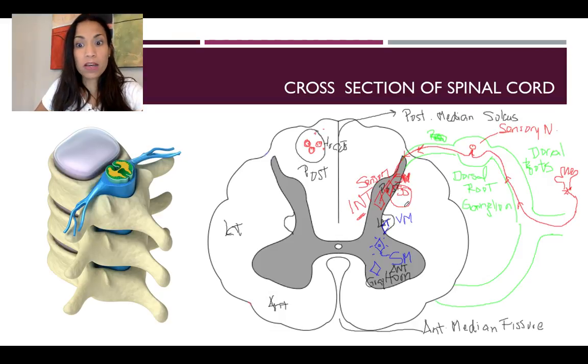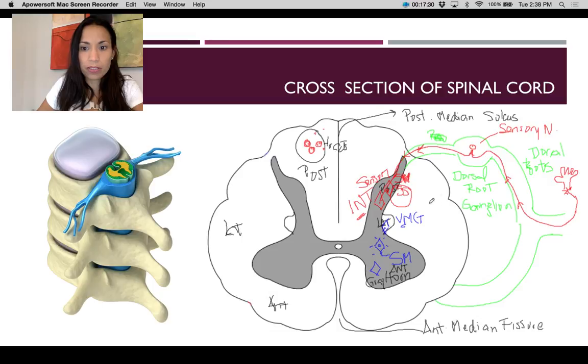So if the order for contraction is going to be given to a visceral organ, to the heart, or to a smooth muscle, or to a gland, adipose tissue, whatever, it is going to come from the visceral motor neurons located in the lateral gray horn of the spinal cord, that are located only on the thoracic segments.